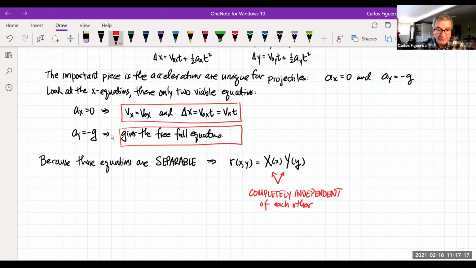So my job here is to do what? I now want to interpret this independence of the components.